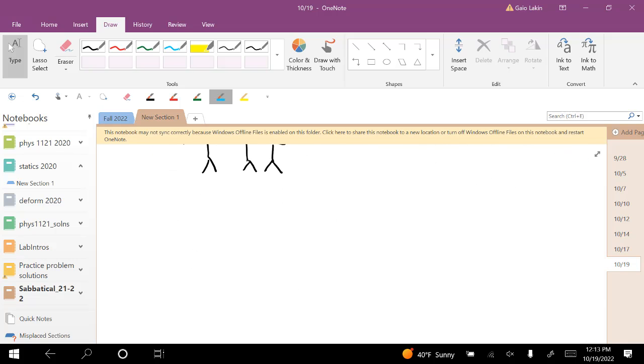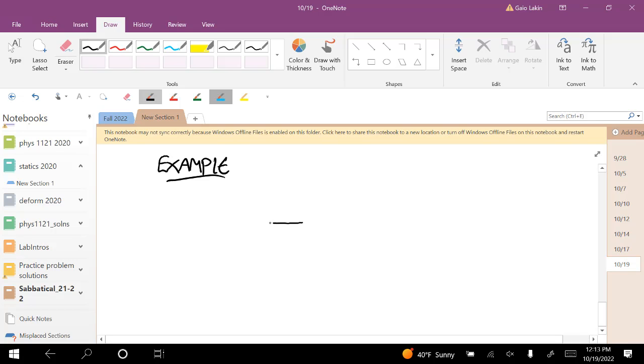Okay, so I'm going to start with an example. This principle is pretty simple. So let's say we have a beam and the loads on it. I'm not going to show any joints or anything.